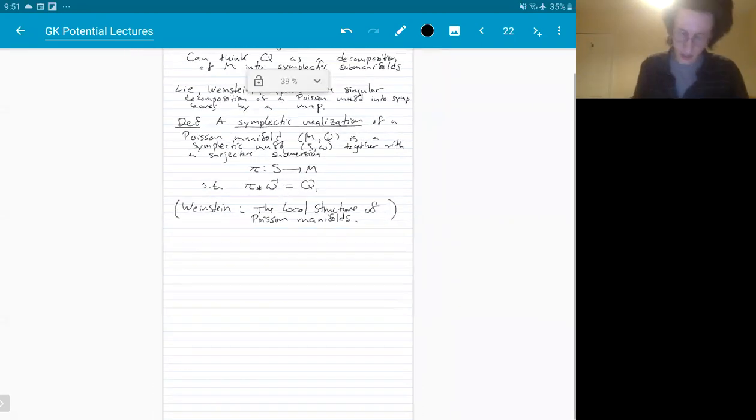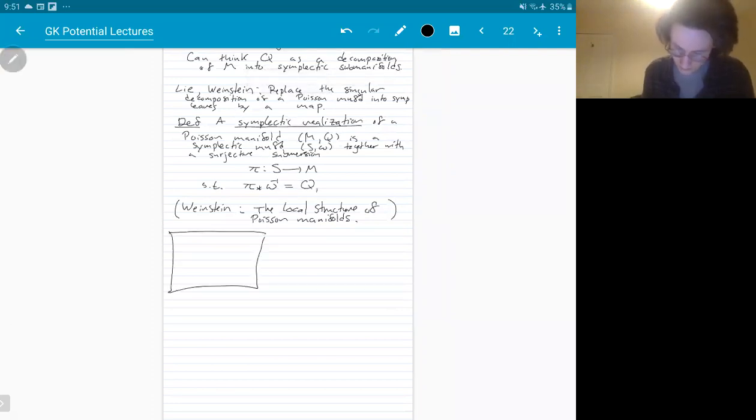Okay, but let's look at the picture of a symplectic realization. So here's my (S, omega), here's my (M, Q), and here's my submersion, and it has these fibers.